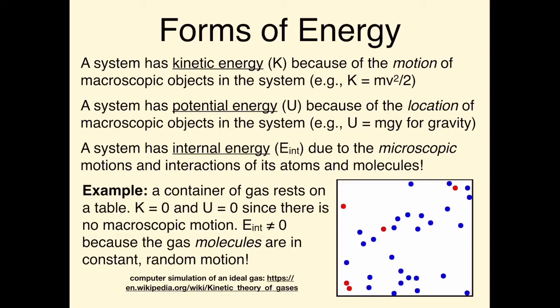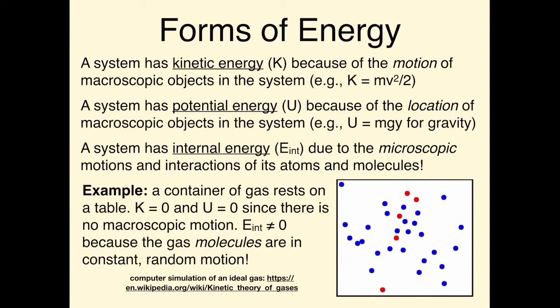But if you were to zoom in and look at the box of gas on a microscopic level, you'd see that there's actually a whole lot of motion going on. The gas consists of a bunch of molecules that are in constant and random motion. To show you what this looks like, I'm going to play an animation of a box of gas molecules, and we can see what's going on here.